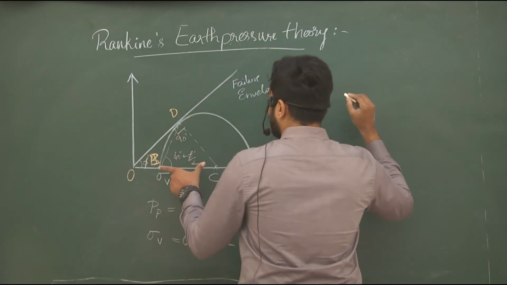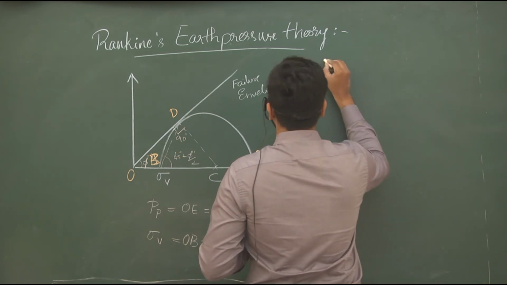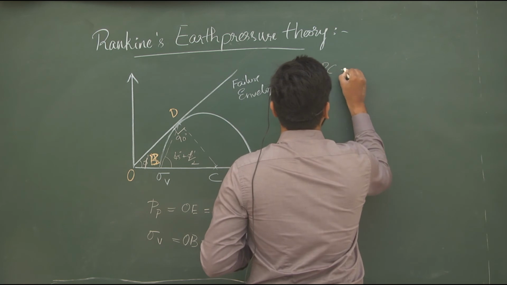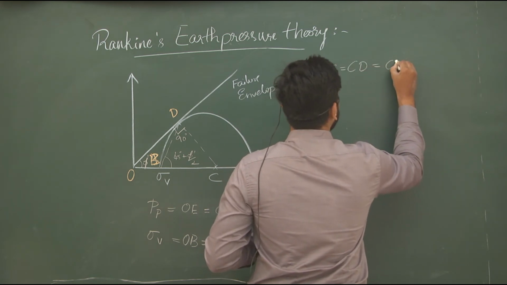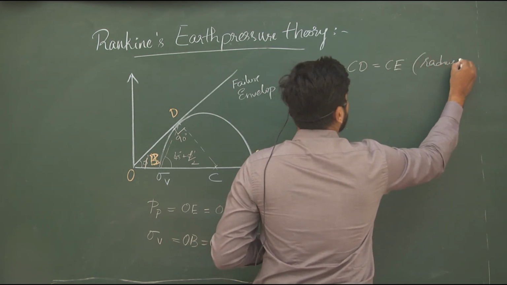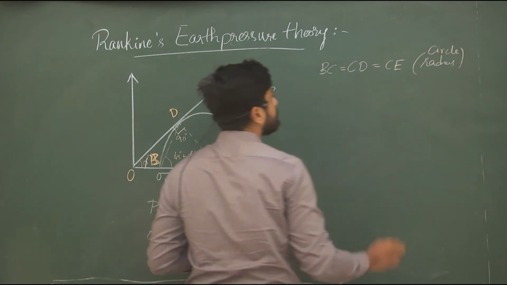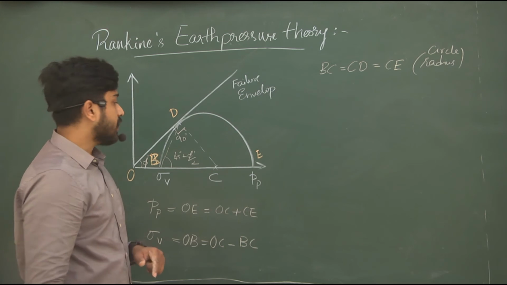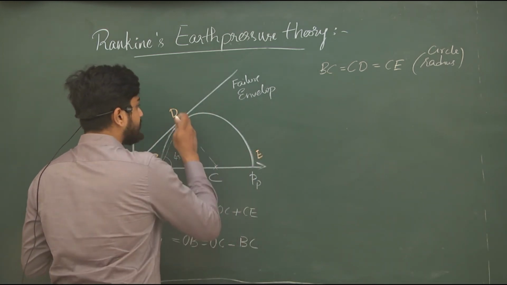as we know that BC and CD and CE are the same, that means BC is equal to CD is equal to CE, since it is the radius. Okay, that means circle radius, so therefore this is the same. So from the particular diagram, let us try to obtain CD now.